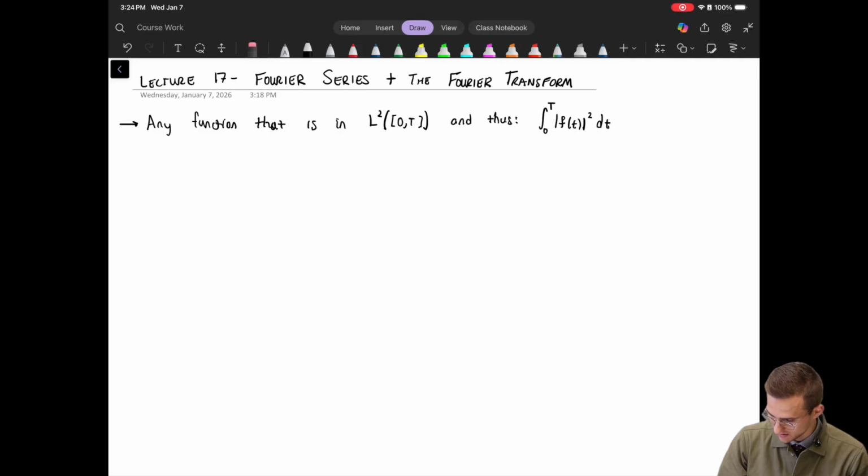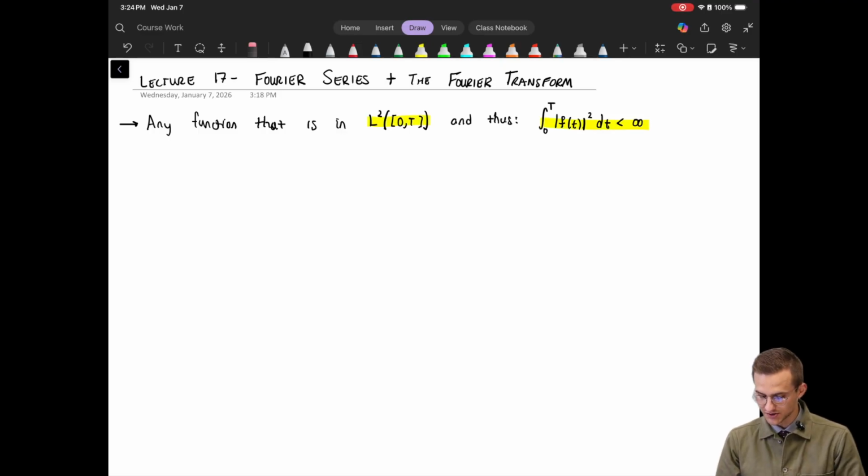If that integral is less than infinity, then that function is in L2. Okay, so that's the definition of L2. So any function that satisfies that rule is an L2 function.